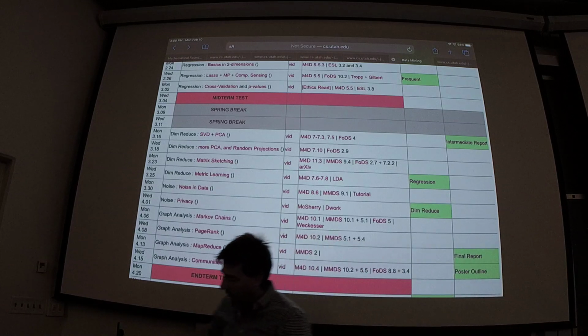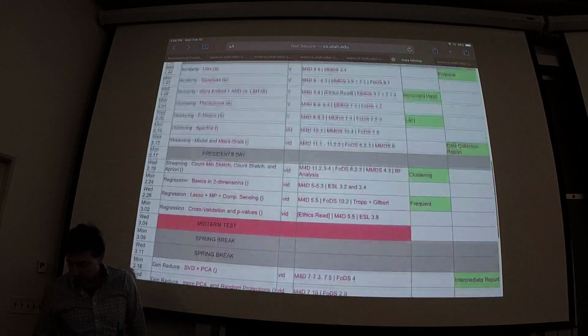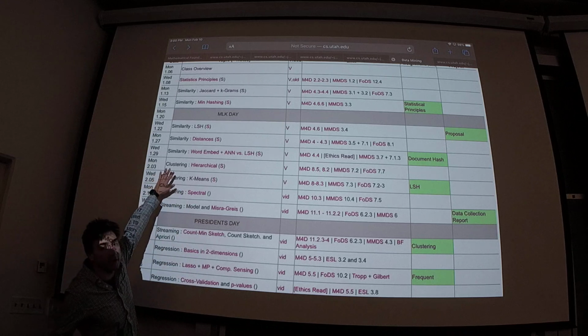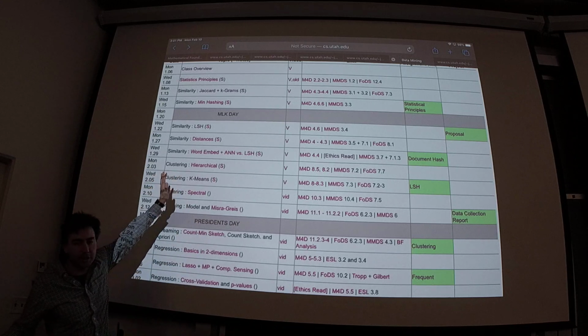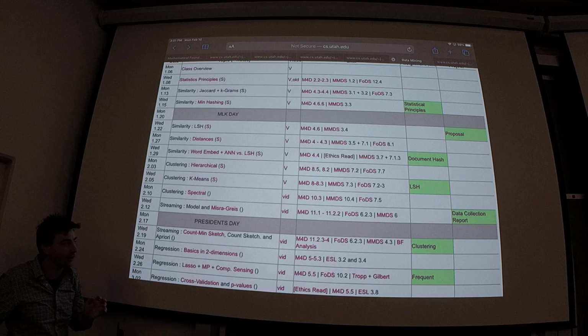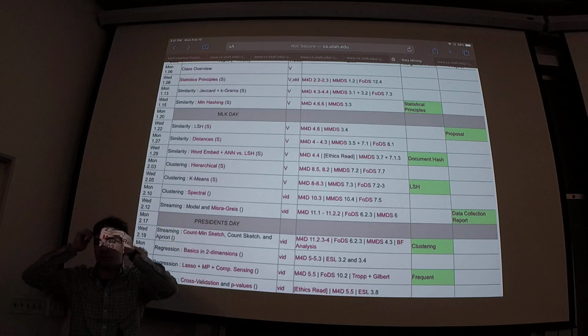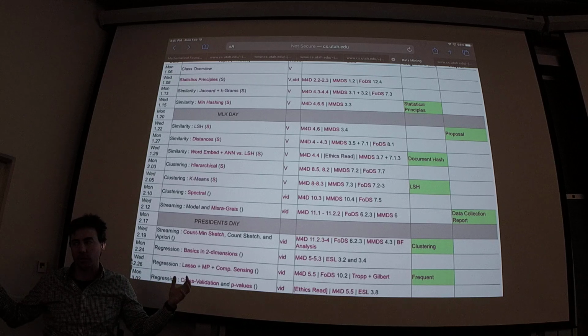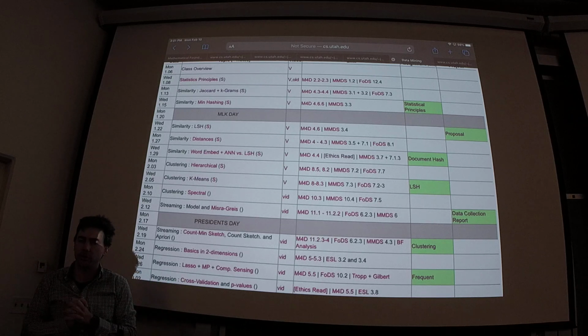So where are we? We're finishing up the clustering part of class. We've actually covered a lot in clustering, and I'll use the first part of the lecture to review all the things we've talked about so far.